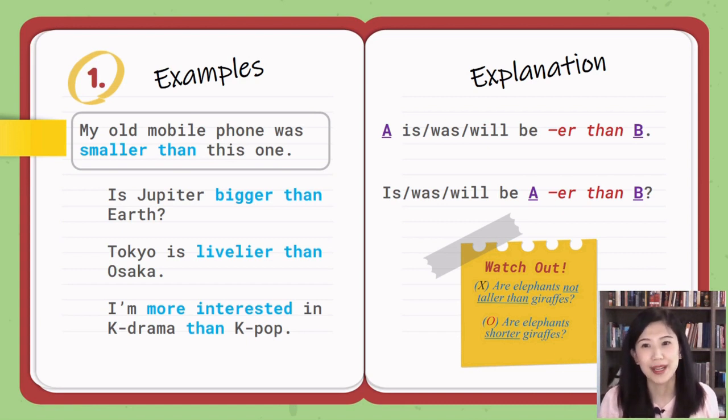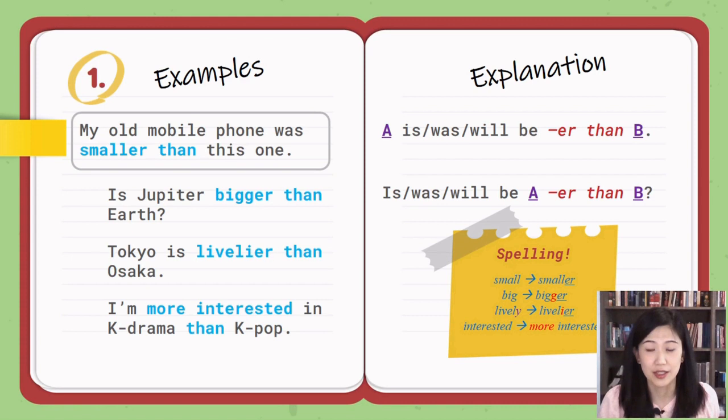A more natural way is to directly change what you want to say into the ER form. Instead of not taller than, just use shorter. It's more direct, and it makes more sense. So as you can see, with this sentence format, we usually use it in the positive form, the question form, and rarely in the negative form.